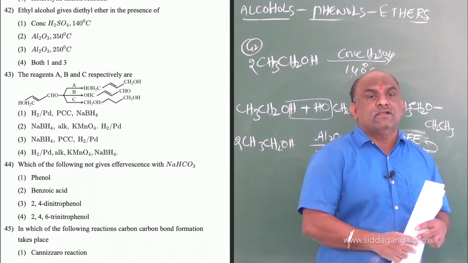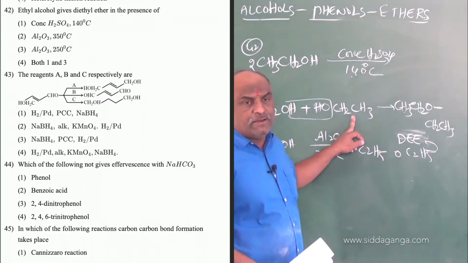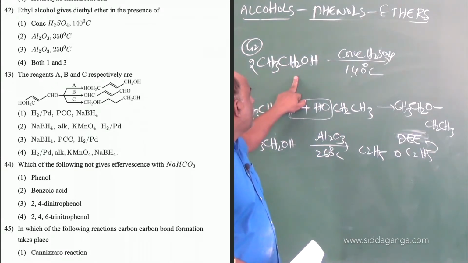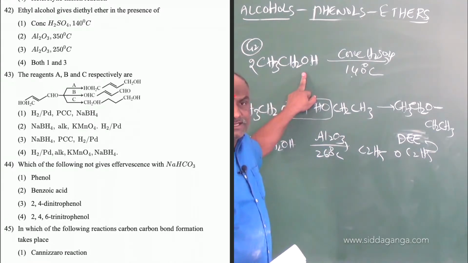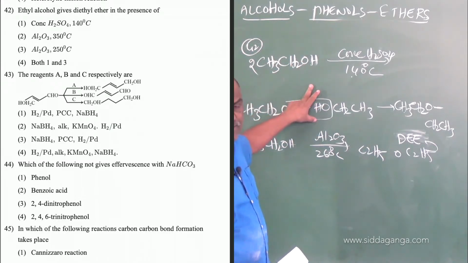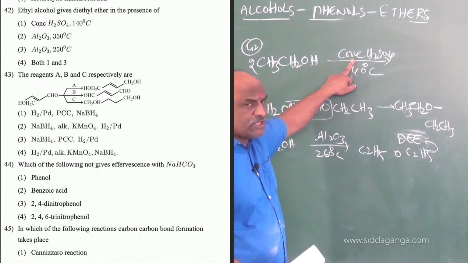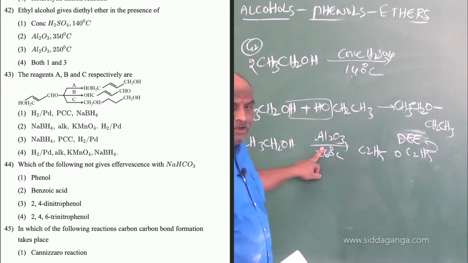This reaction is called dehydration, an elimination reaction in which water is eliminated. Make a note: this type of reaction is called dehydration, removal of water. The reagents are concentrated H2SO4 and Al2O3.